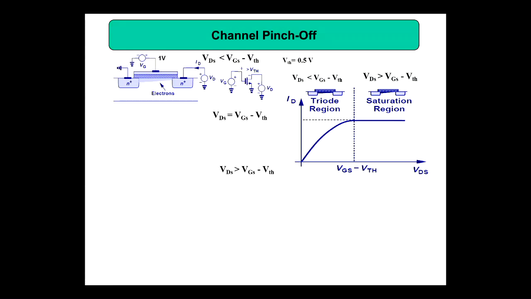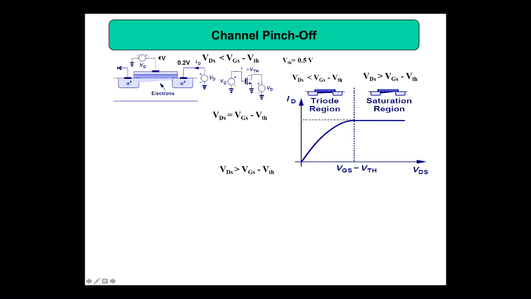So we are going to put in some values. Here this is 1 volt. Maybe I will connect only 0.2 volt between drain and source. So 1 volt is definitely greater than the threshold voltage, so your MOS transistor is on. Because VGS is 1 volt, VDS is 0.2 volt, and that is definitely less than VGS minus VTH.